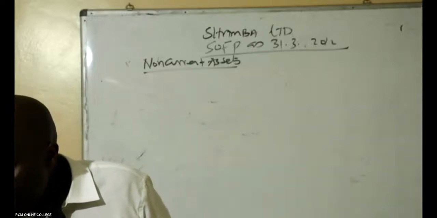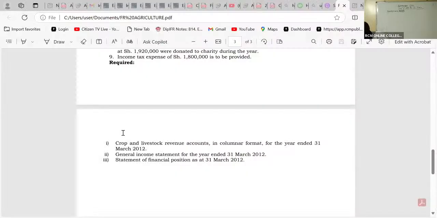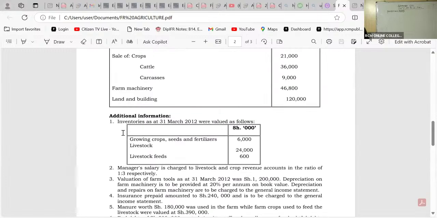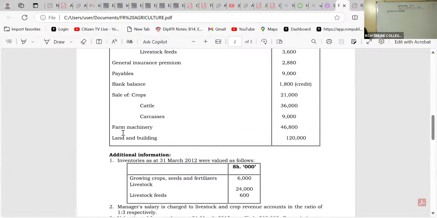If I remember very well, for non-current assets I have some figure for farm machinery. The first one is farm machinery. We have a figure of 46,800, but I'm not stupid. I remember very well that there was depreciation for this farm machinery.